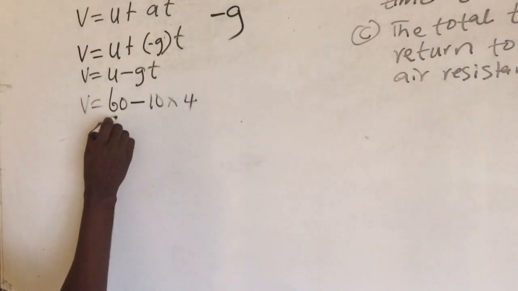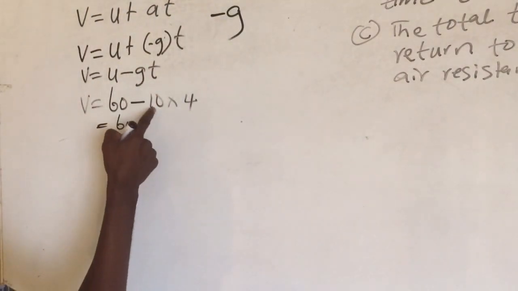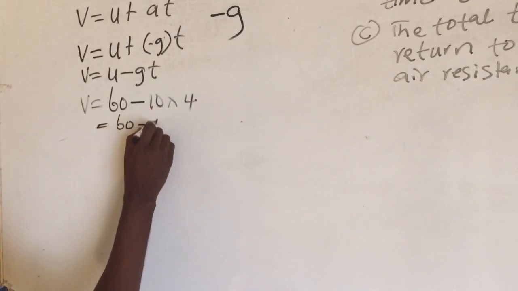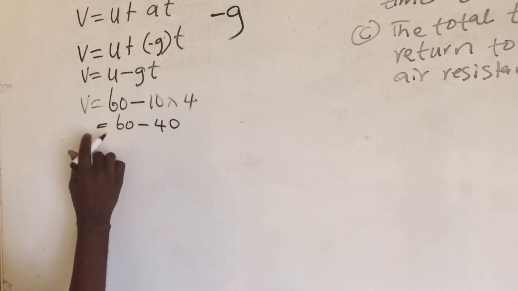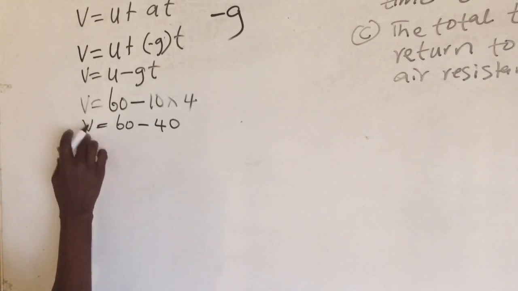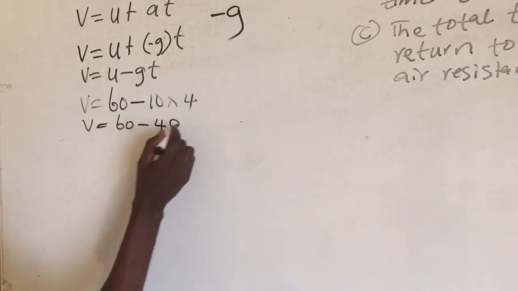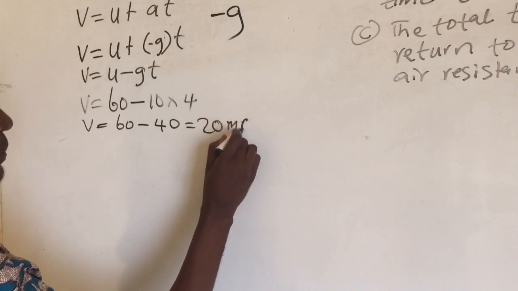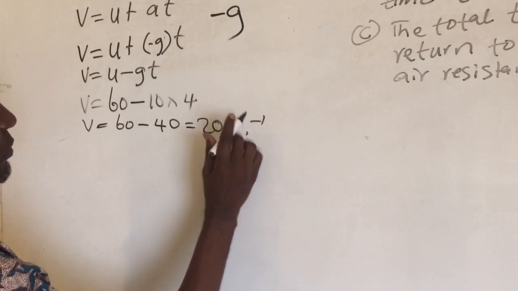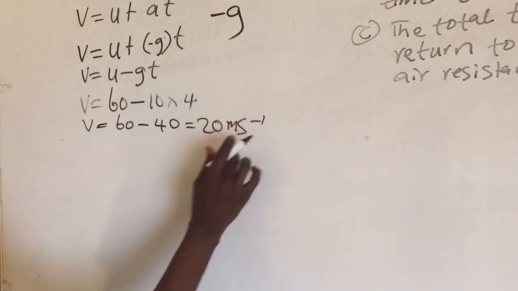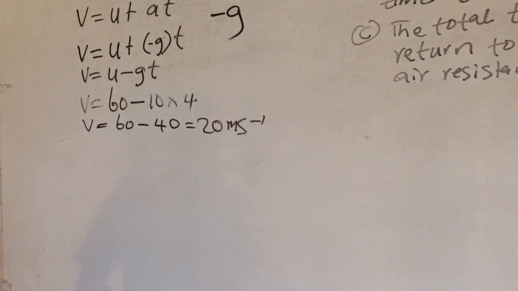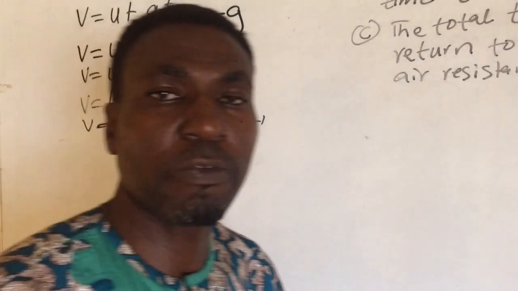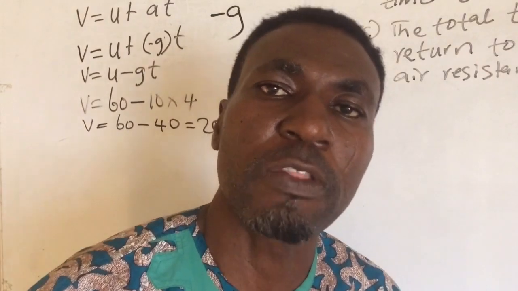We now have 60 minus 10 times 4, which is 40. Now our velocity is 60 minus 40, which equals 20 meters per second. So that is how to calculate for A, the velocity after 4 seconds.